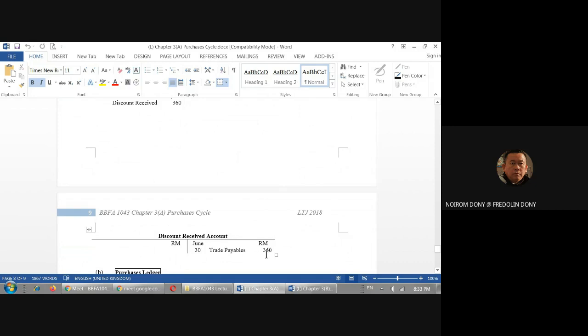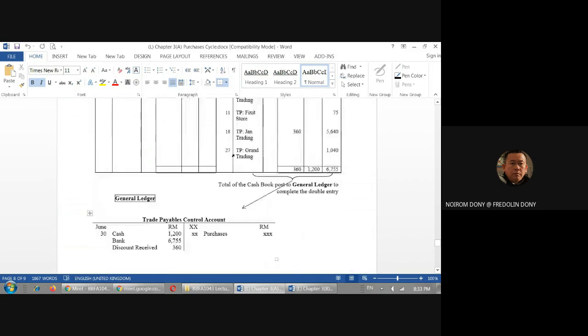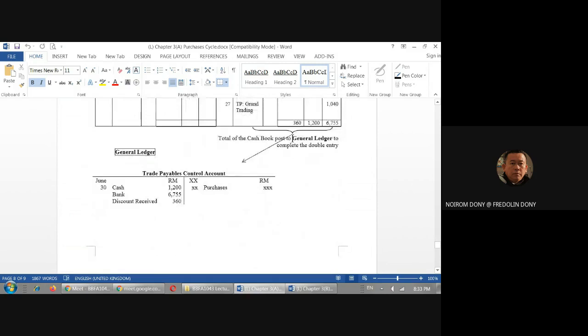The particular is trade payable, and the date is the last day of the month, June 30th. Then complete the double entry by recording in the trade payable control account the same amount, 360, with the particular being the heading of the account that is credited, discount receipt, and the date June 30th. Now we have completed the two steps.